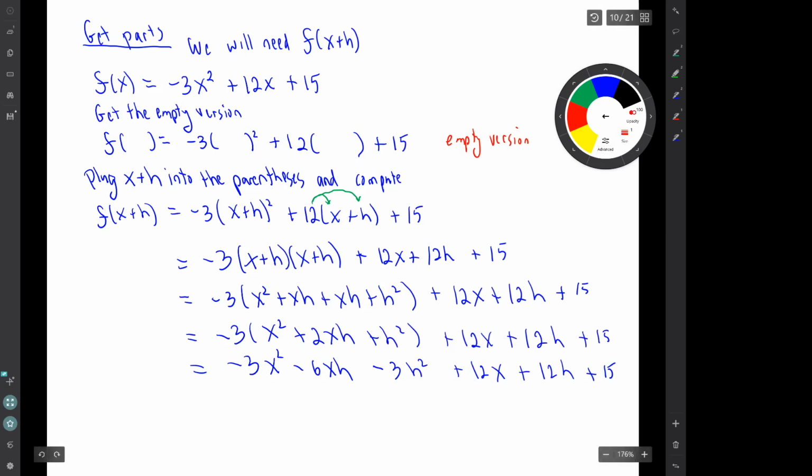So there is our very messy result of finding f of x plus h. F of x plus h is this whole messy expression.